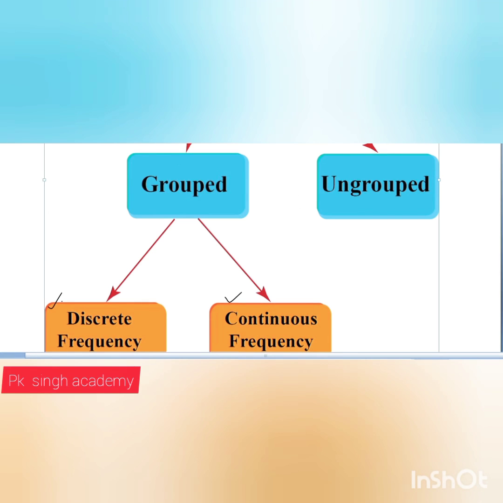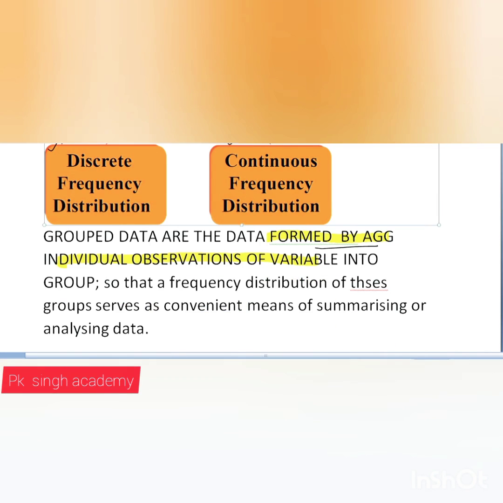Now we will see what grouped data and ungrouped data are. Grouped data are the data formed by aggregating individual observations of the variable, and here frequency distributions are formed. But in ungrouped data, the frequency distribution is not formed.